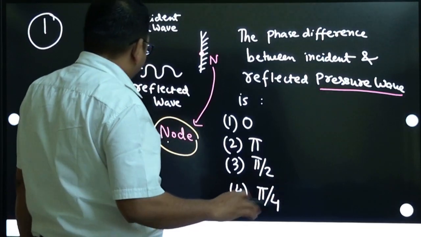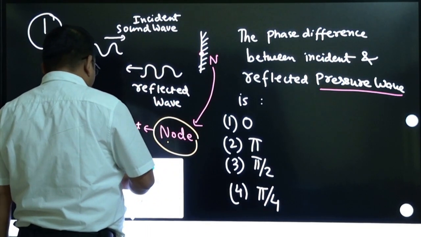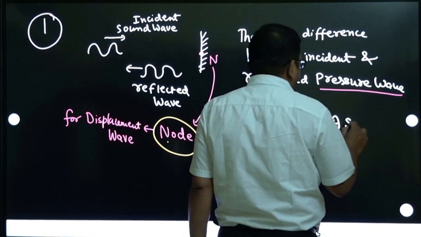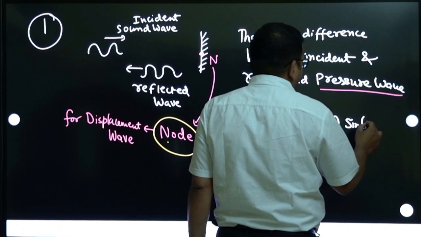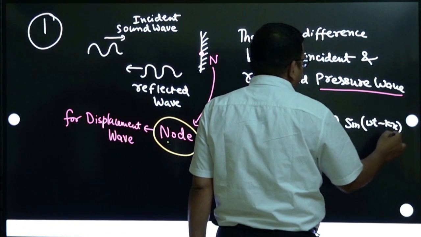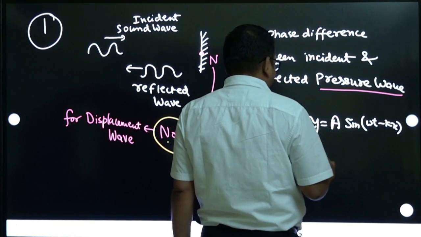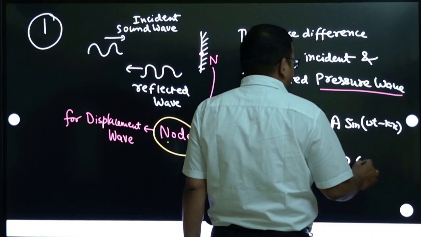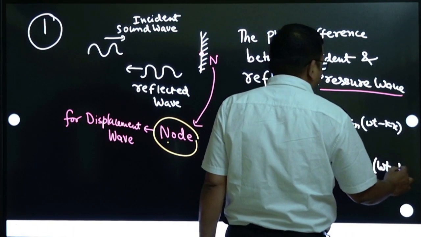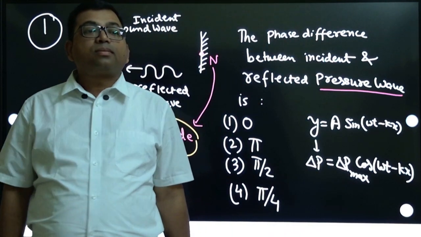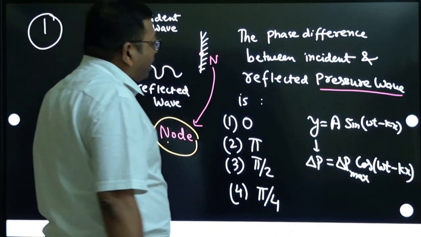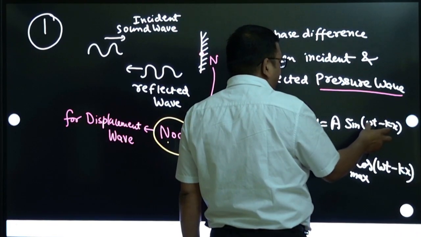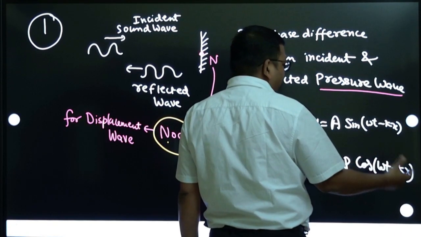See, let me write the equation. If you remember, when we wrote displacement, it was A sine (omega t minus kx), let us say. But when we write the pressure delta P, it is delta P max, and this sine becomes cos. You remember this? So wherever displacement is 0, that means sine is 0, and cos will be maximum there.